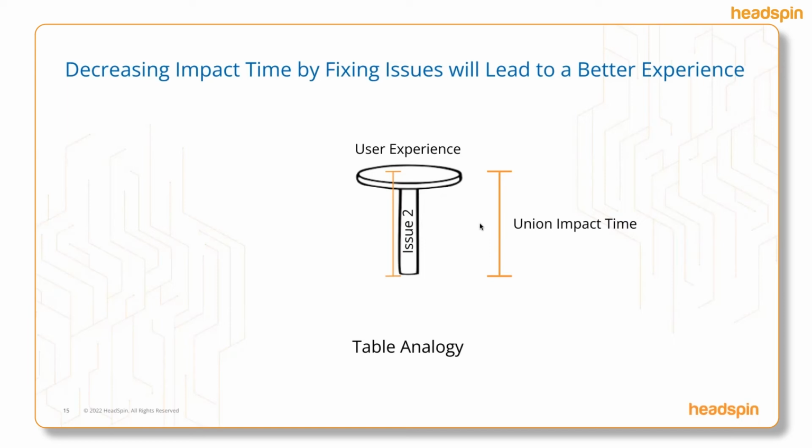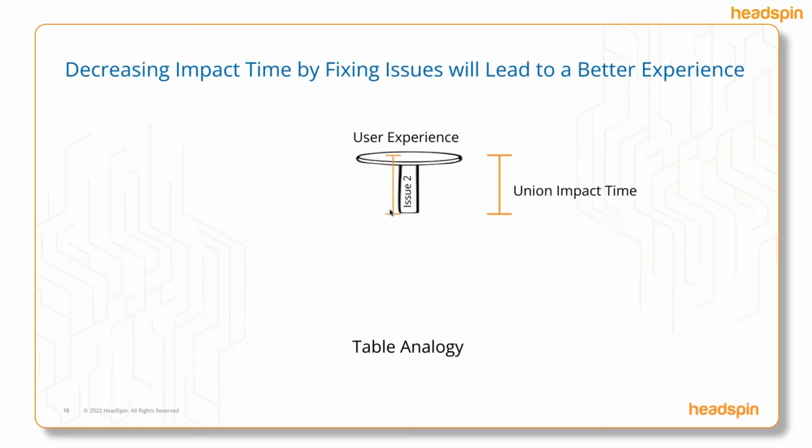In this case, basically issue 2 is the major driver of the user experience issue, and you can see that the union impact time is basically staying the same. So as we address issue 2, then we start seeing this union impact time decreasing, and we start seeing that issue 2 is being addressed. And of course, ideally, the goal is to get this down to the floor.